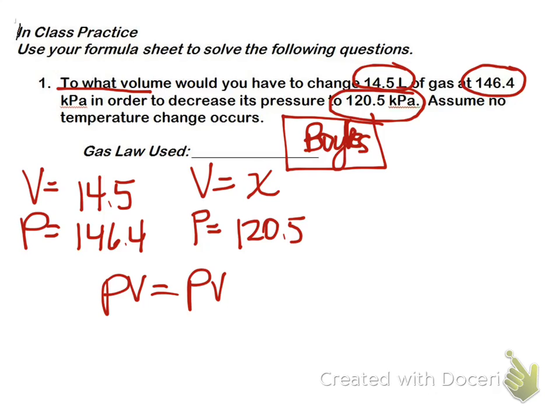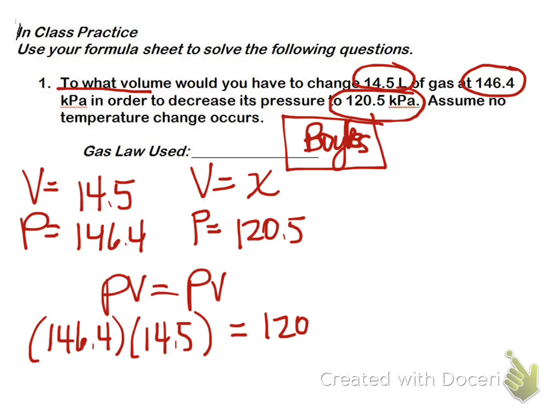All right, put this in your calculator. 146.4 times 14.5 is equal to, what numbers go on the other side of the equation? 120.5 times what? X. You got it. Let's solve for X and see if, in fact, the volume goes up.